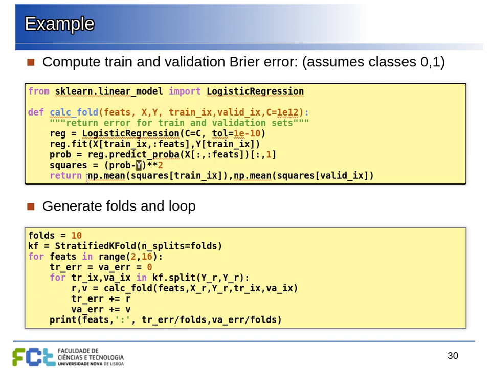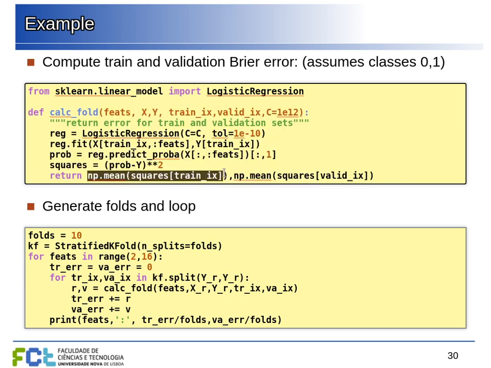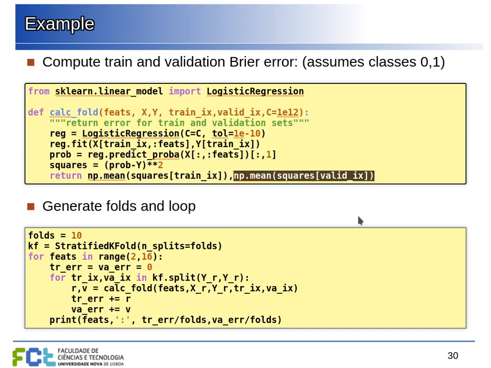So the training error using the Brier score will be the mean of these squares for the training points, so the values corresponding to the indexes of the training set, and the validation error will be the mean for the validation points. So this way we can quickly compute the Brier score for the training set and for the validation set for each iteration of the cross-validation.